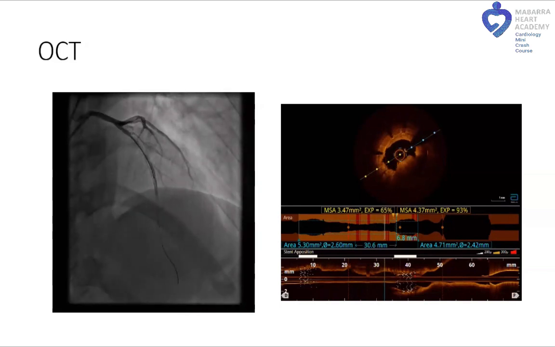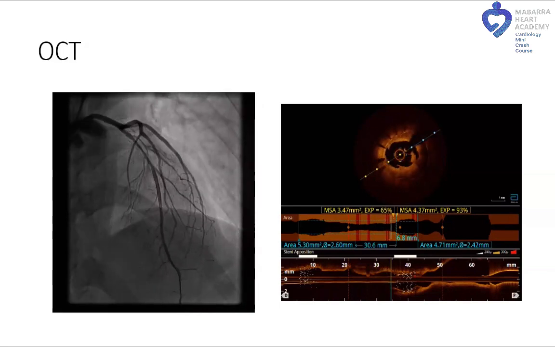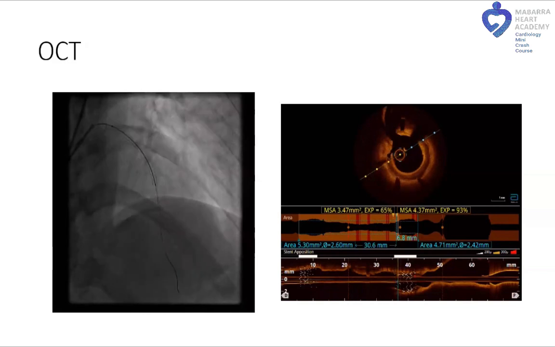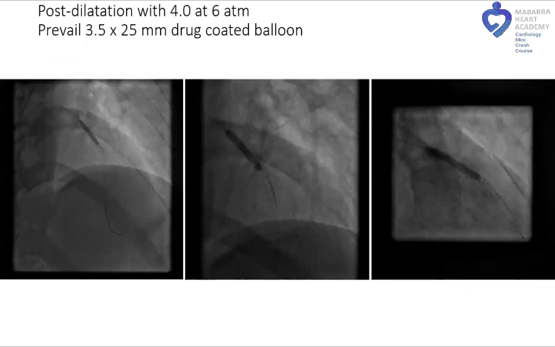So in this example, we went in aggressively with a large NC balloon and ended up putting a drug-coated balloon. So we post-dilated based on the stent diameter, and we ended up putting a 3.5 by 25 drug-coated balloon.